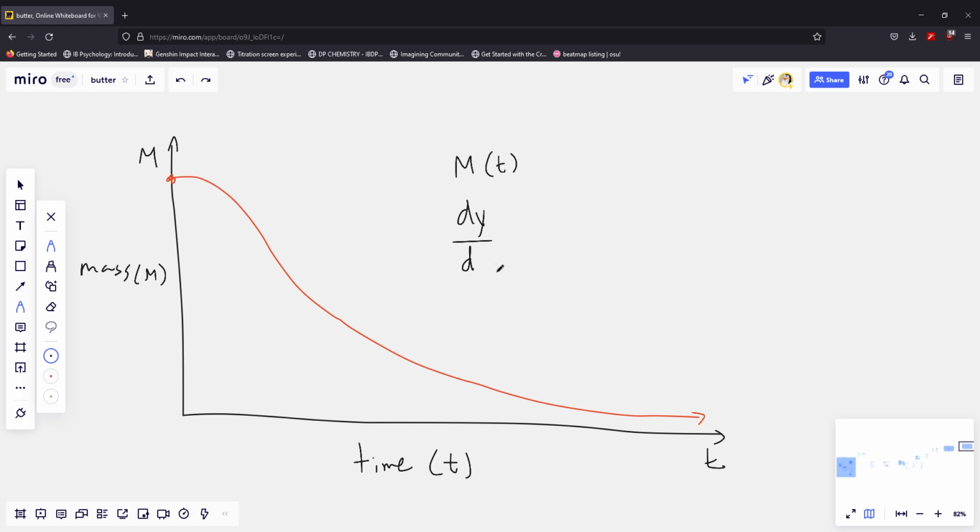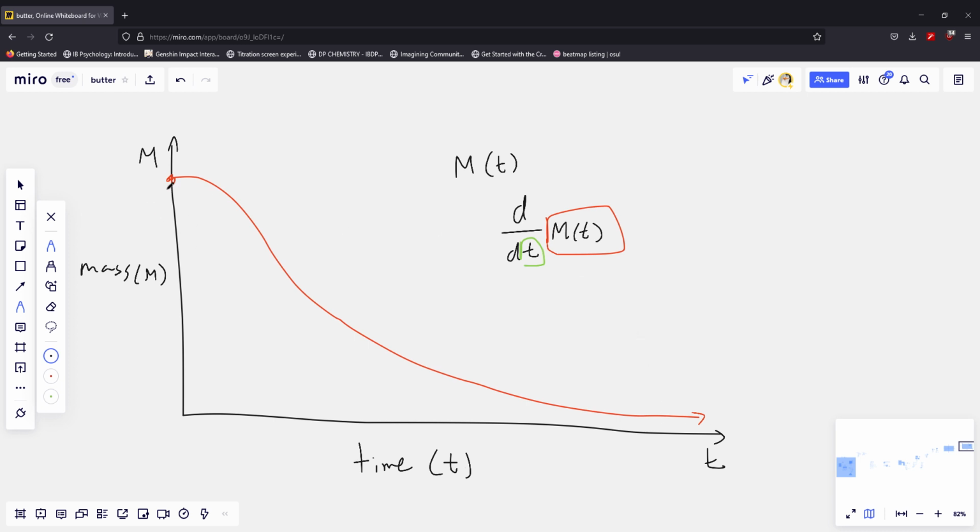What's x? That's why instead of saying y and x in this case, we would say d over dt of m of t. So we're differentiating m of t, which is the function, with respect to t.